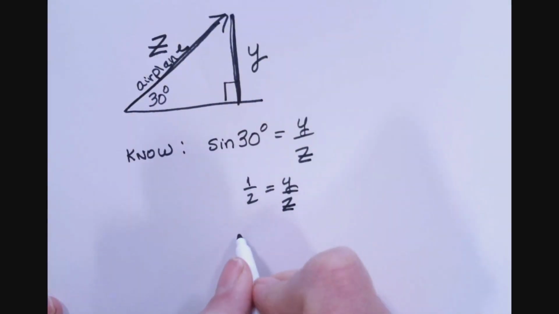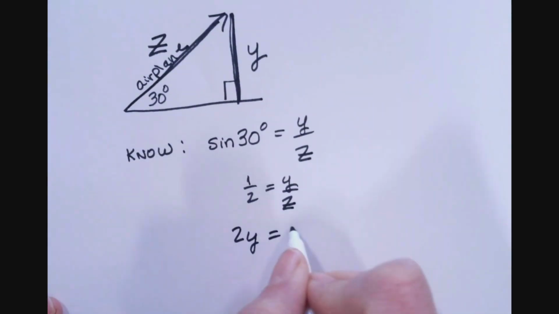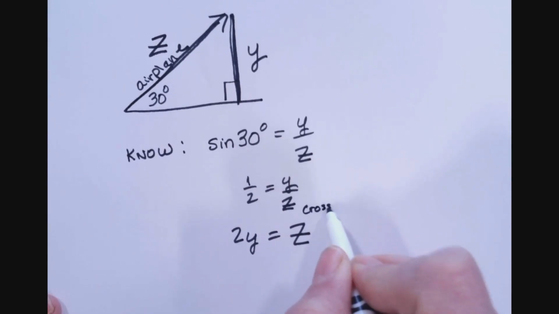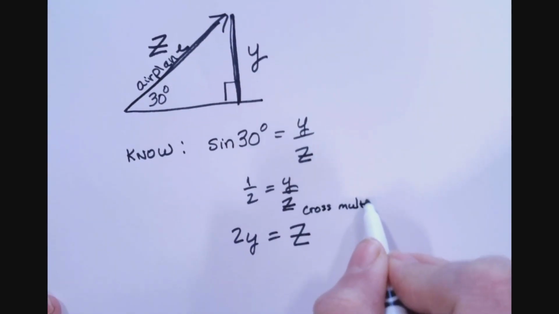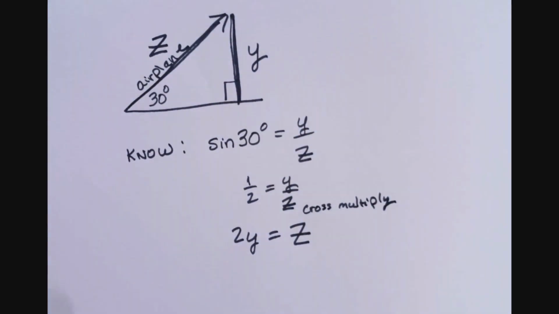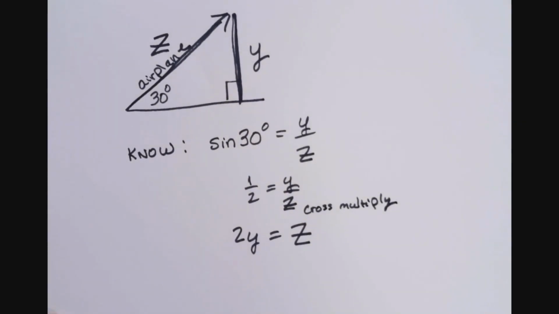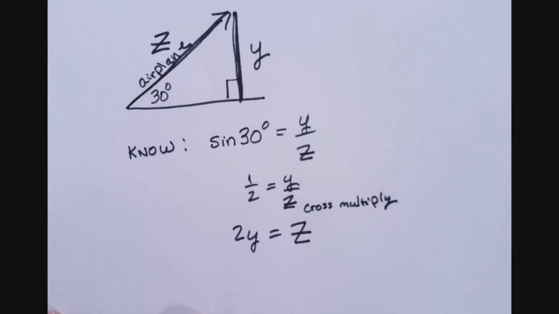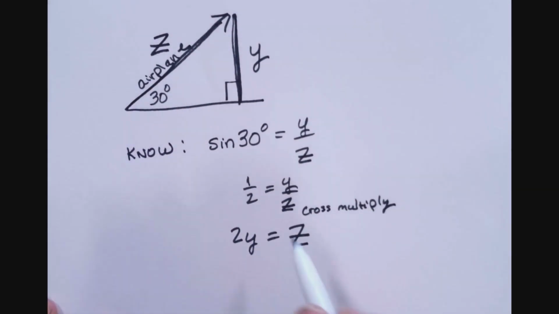Or we could even say 2y equals z. Just cross multiply. I'm just trying to make it simpler. Whenever you can get rid of fractions, it's simpler. Okay, so we got down to a pretty good formula here that's connecting everything. So that's what we know.